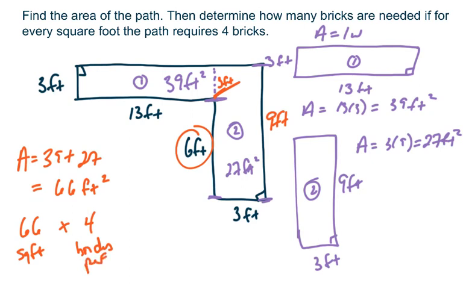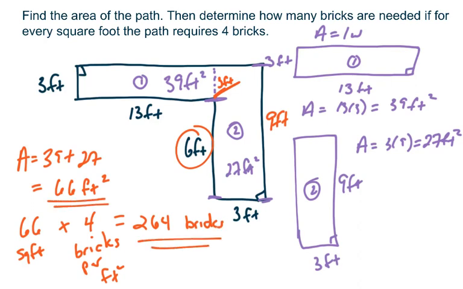So bricks per square feet. And then when I multiply that together, I get 264 bricks. So that would be our 2 answers that we would need to brick in. All right, let's move on.